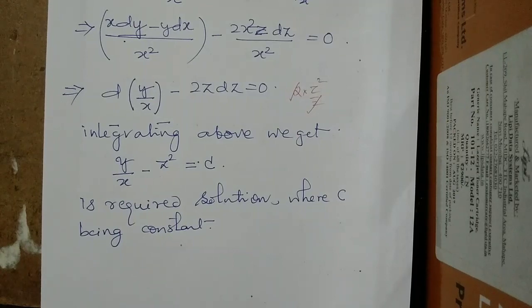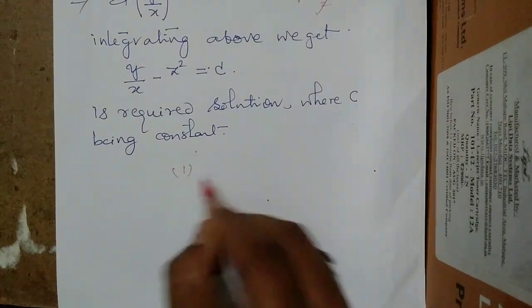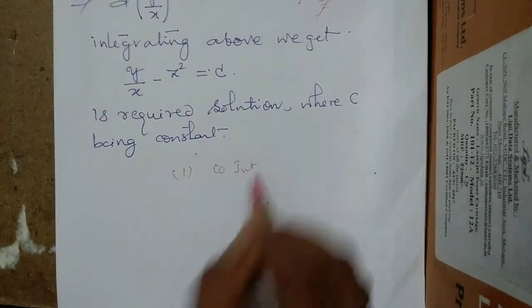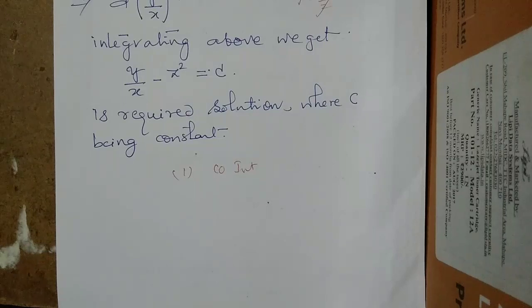In the inspection method, first we have to find the condition of integrability, and second we have to reduce the given equation into a standard differential, and using simple integration we can find the solution. In the next lecture, we can find the solution by the second method, that is by treating one variable as constant. Okay, thank you very much.